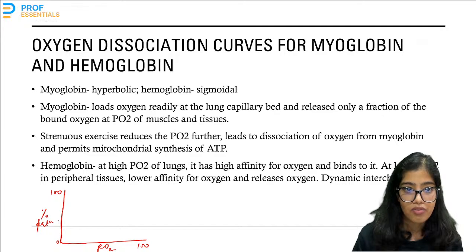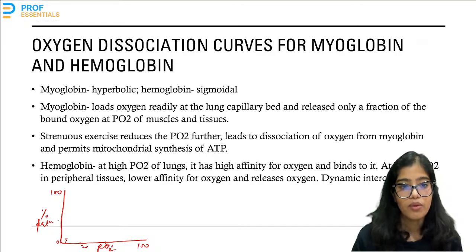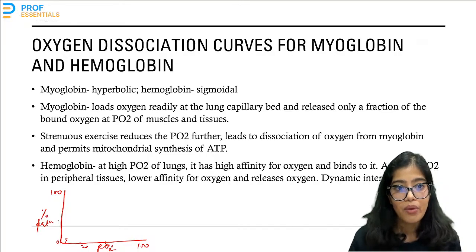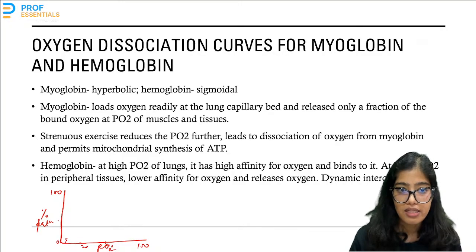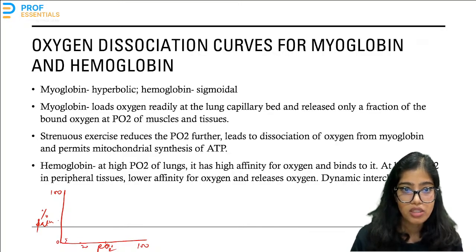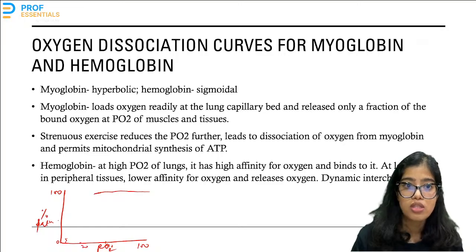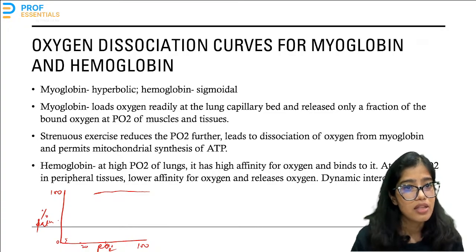Here it is around 5, here it is around 20, here it is around 40. Now myoglobin gets saturated with oxygen easily, it keeps on binding to oxygen, it does not dissociate oxygen even at low concentrations, that is even at 40 or 20. This is a very low concentration of oxygen in the muscles and the tissues.